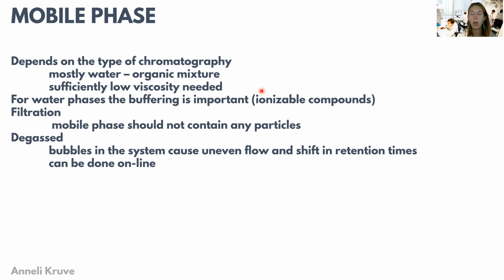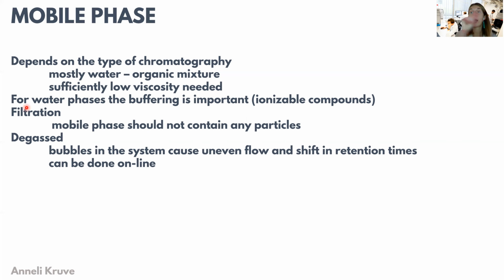Mobile phase should also not contain any particles, and this is to avoid any clogging in the system, in the column, before column or after column. And for this, filtration of the mobile phase is very important.